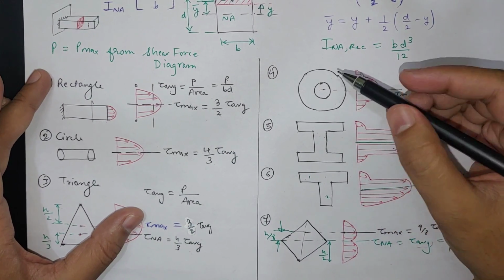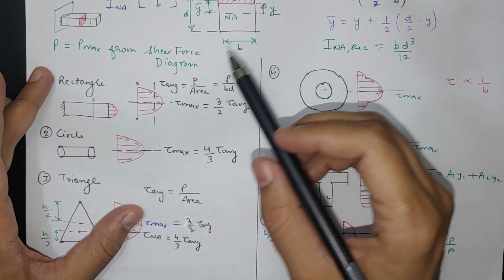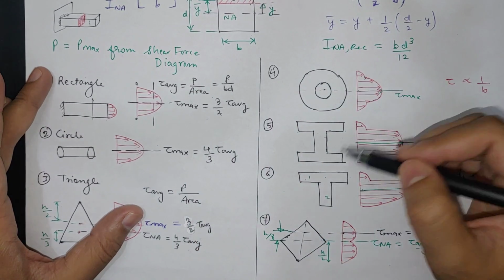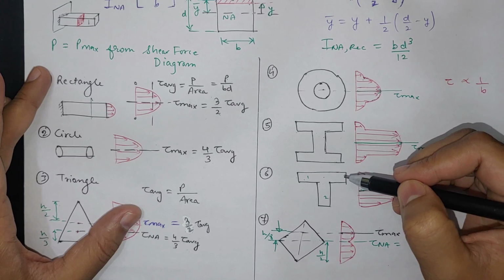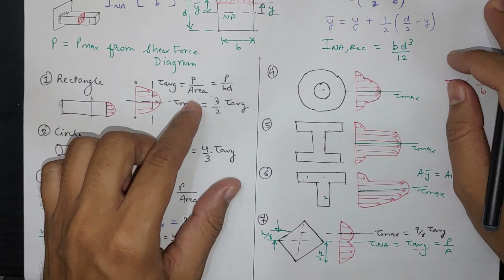One important point: if we apply the load at the shear center, for all these cross sections there is a shear center point. Maybe we'll discuss it in a future video.